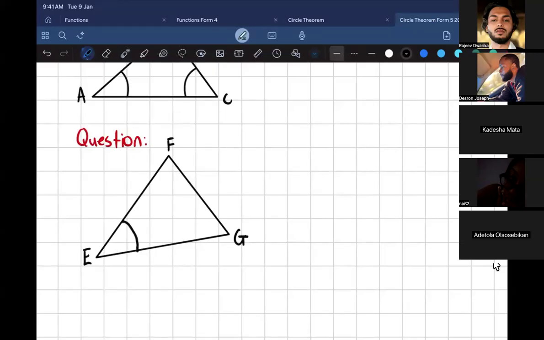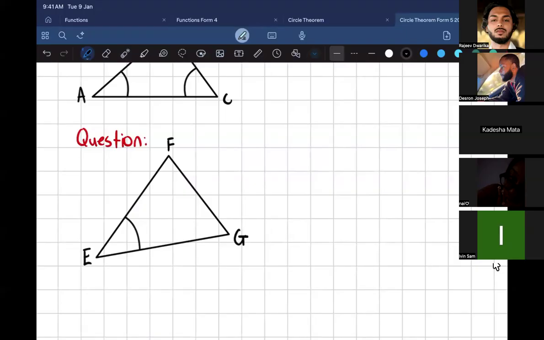EFG, right? Let me draw that angle. What is angle E looking like, Kadisha?